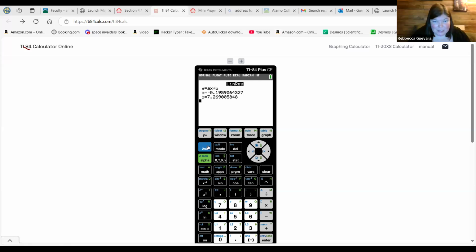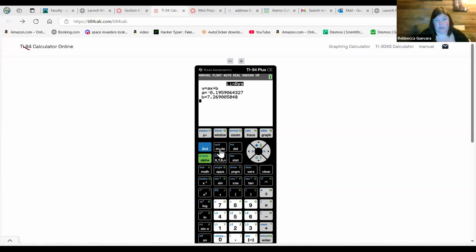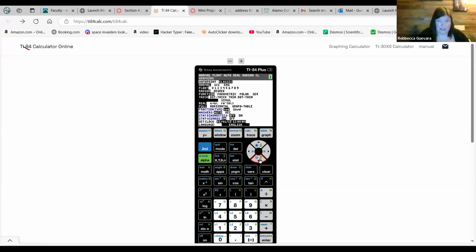I'm trying to find the button I need to push here. Just a second. I don't know why I couldn't see it. Mode. So you're just going to hit mode. One of the first things you want to do is be in classic mode. So you go classic, and you go all the way to the bottom.